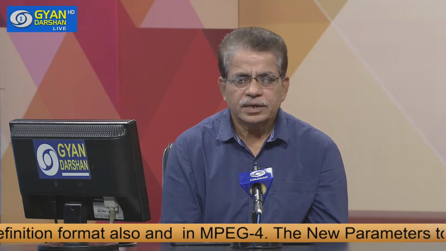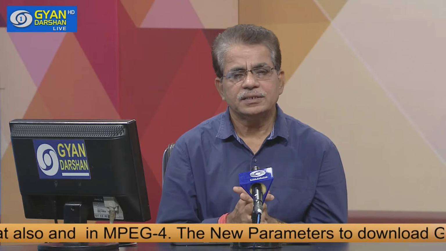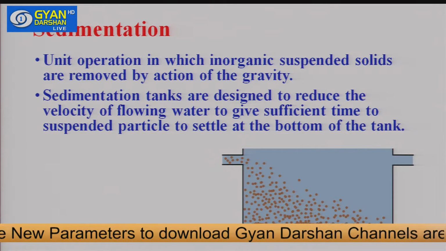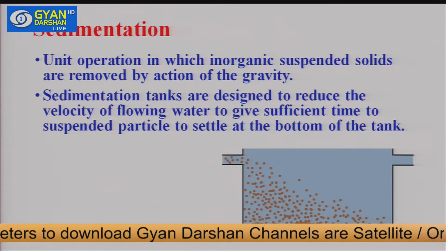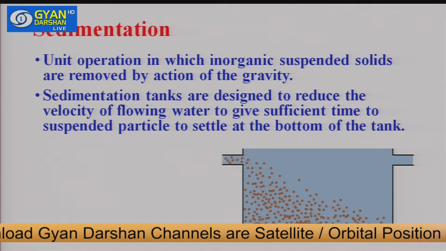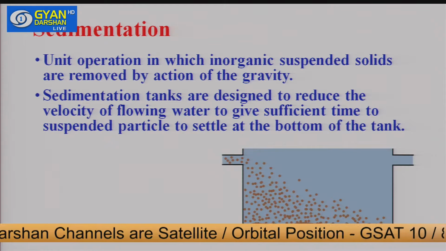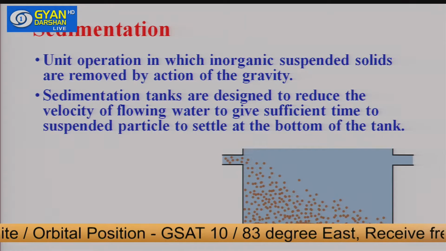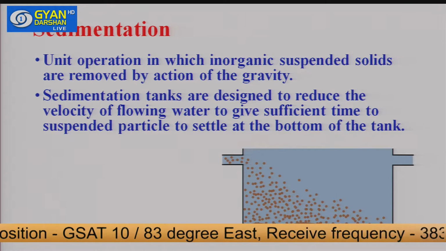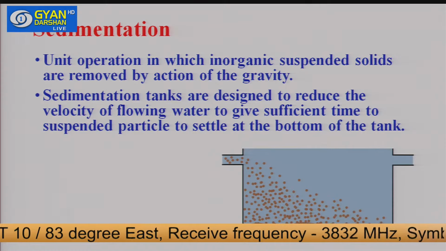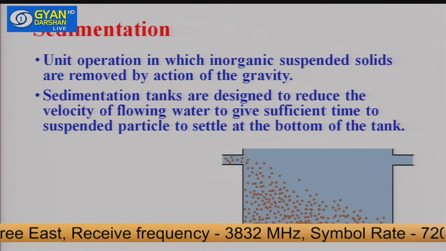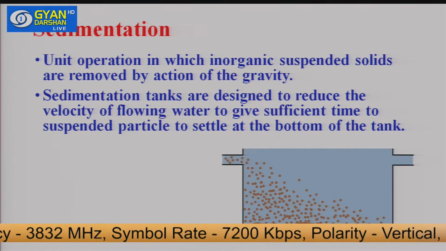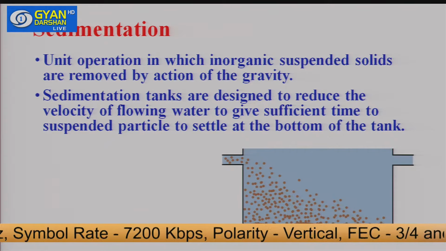Then the next unit after the screening is sedimentation. In screening, what we are doing is removing the floating objects, large solid objects. But after removing all these floating objects, there are particles in suspended form which can settle if we can reduce the velocity of flowing water.